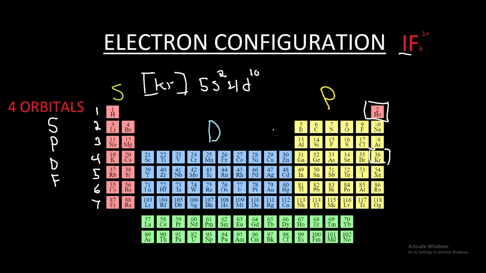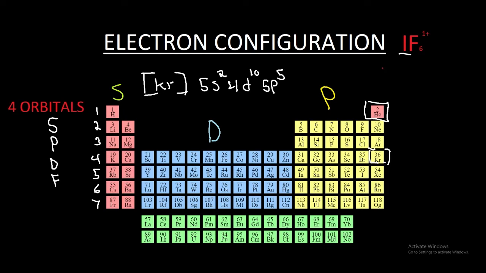So 10 as a superscript, and then we reach the p orbital. P orbital, there is no exception, so it is just how you see it. Energy level 5, p orbital, and we get to 1, 2, 3, 4, 5 atoms before we hit iodine. So we put 5 as a superscript.